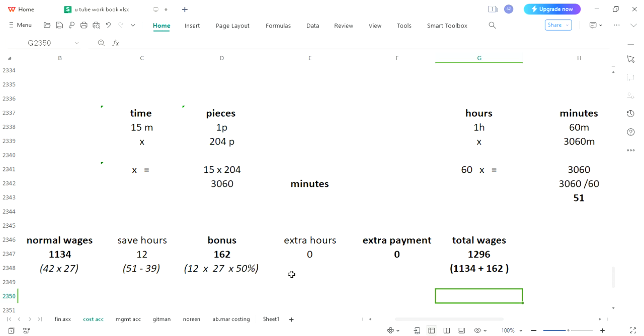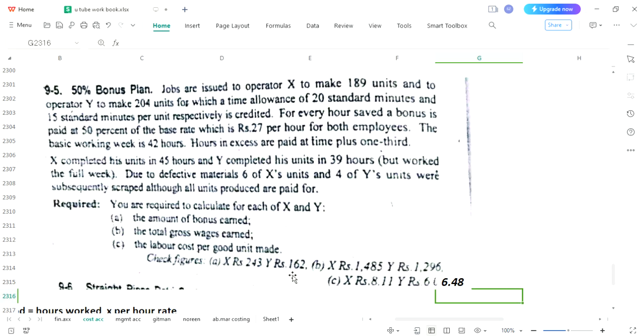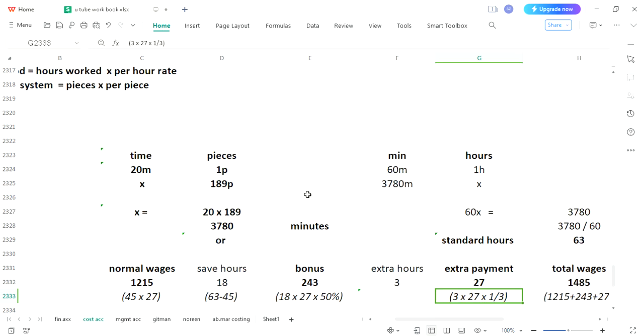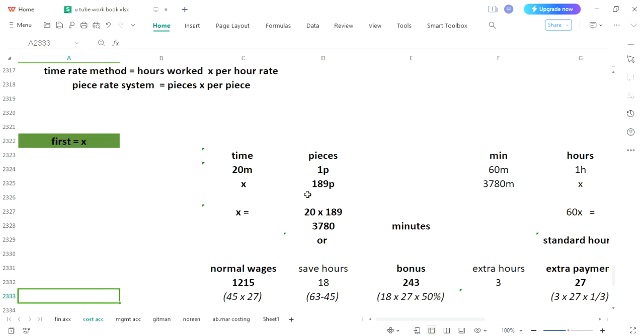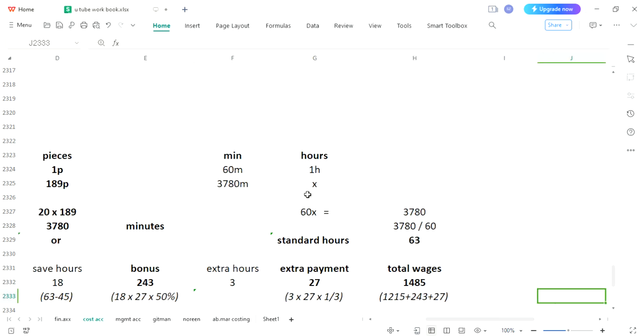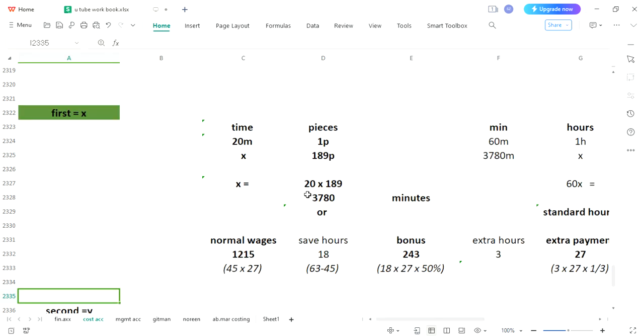Now we will calculate per hour. For that we will read what the requirement is. Amount of bonus and total gross have both been calculated, 162 and 1296. Labor cost per good unit. How many good units have we calculated for X? Let me see. I think we haven't calculated for X as well.